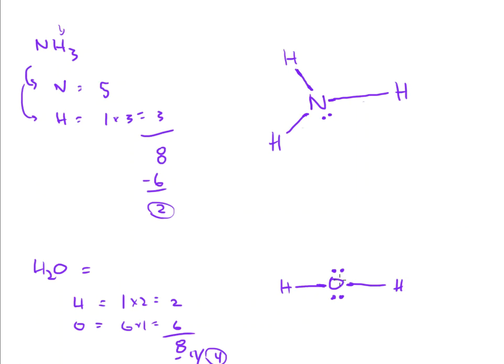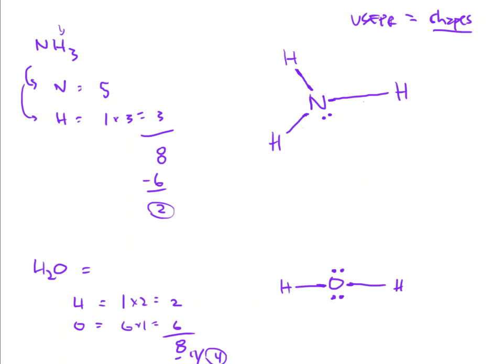Okay, so this is not the only thing that we can do with these structures. Before I do any more examples of these structures, I want to talk a little bit about shapes of structures. And this is where VSEPR came into play during general chemistry. VSEPR stands for Valence Shell Electron Repulsion Theory.